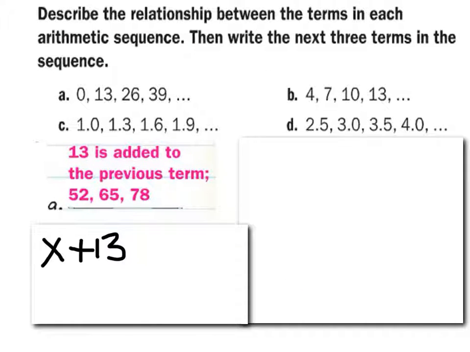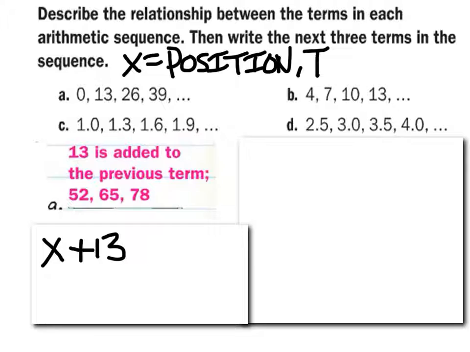Okay? Let's look. For the first term, X is its position or term, okay? So, that's fine. Hold on a second. Let's just look at this one real quick, okay?